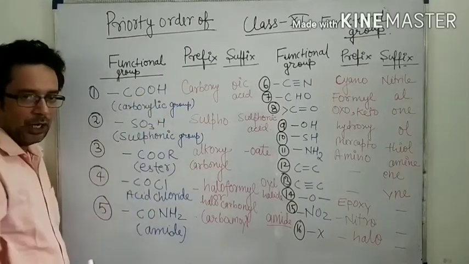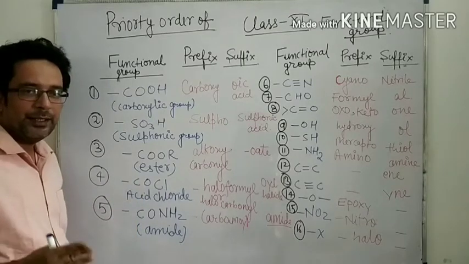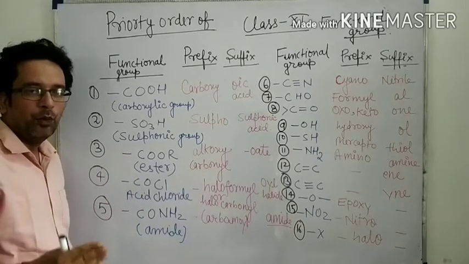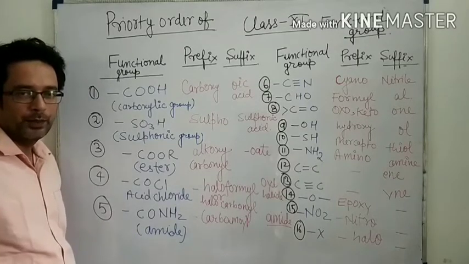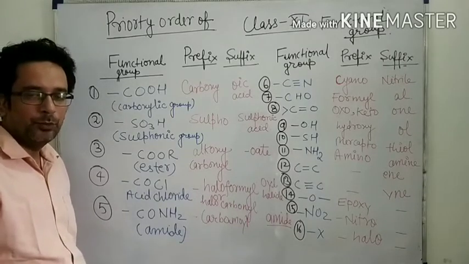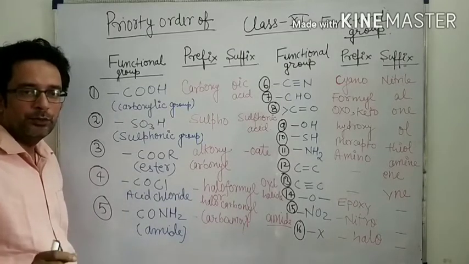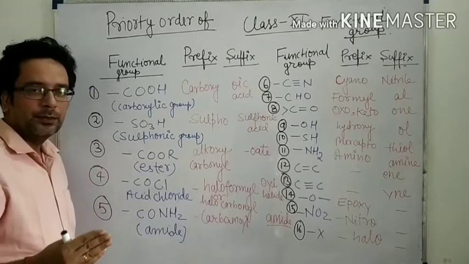This helps when naming an organic compound having two or more functional groups, where one functional group is used as a prefix and one functional group is used as the suffix.